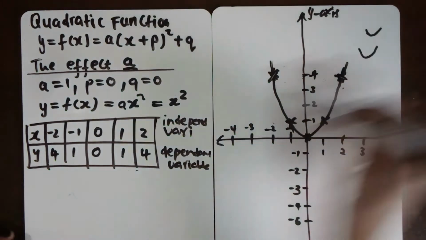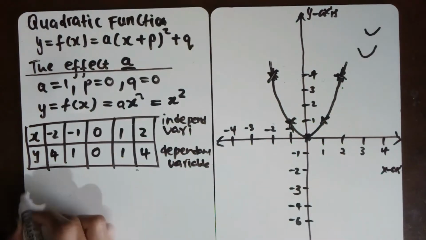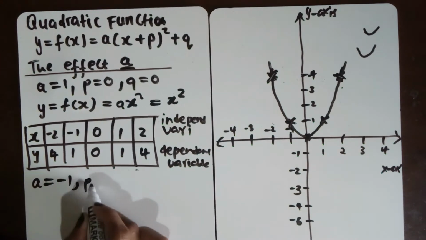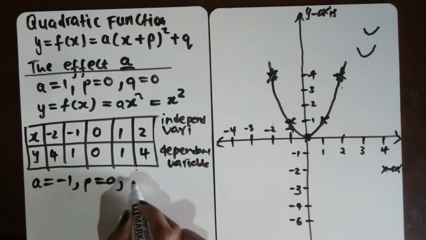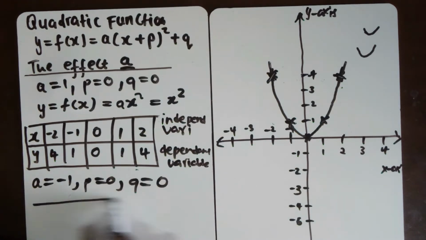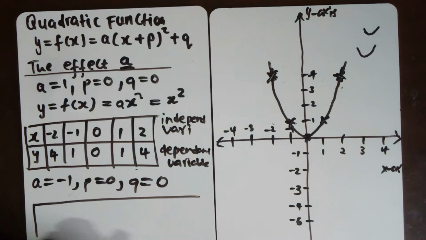Let us see when a is -1. So let's say a equals -1. Our p is still equal to 0, as well as q is still equal to 0. So we can draw another table over here.